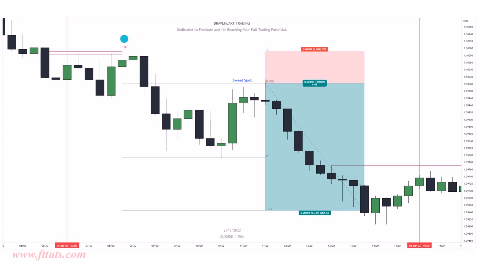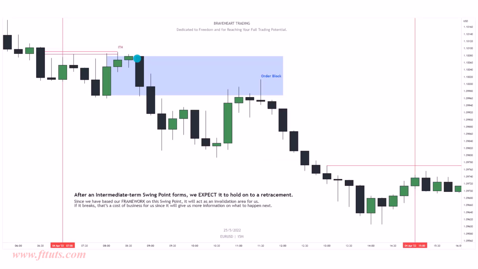With logic and reason, this failure swing gives us the opportunity to participate on it. If this intermediate term high breaks, that's a cost of business for us, since we know that an important high has just broken. I want you guys to realize that if intermediate term highs and lows give us the framework, long-term highs and lows give us the narrative.